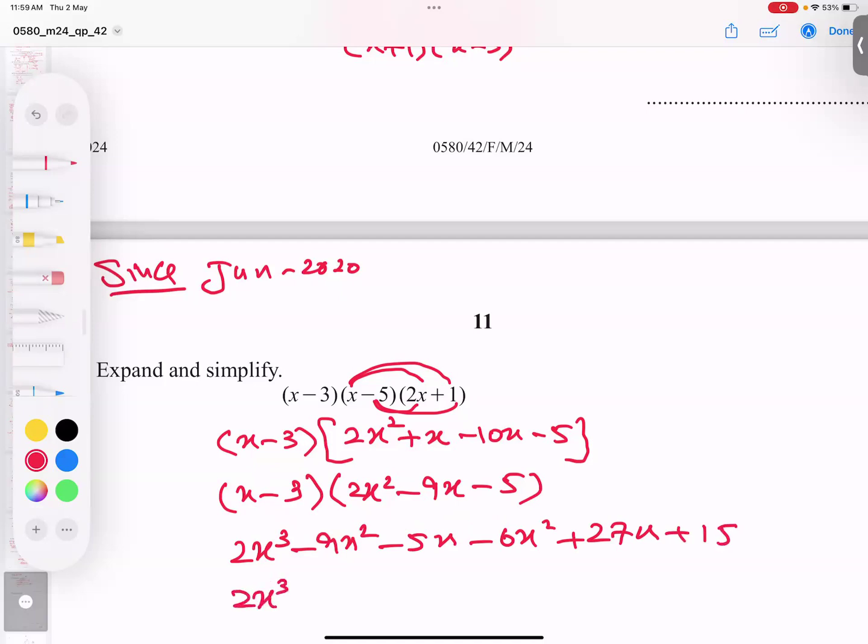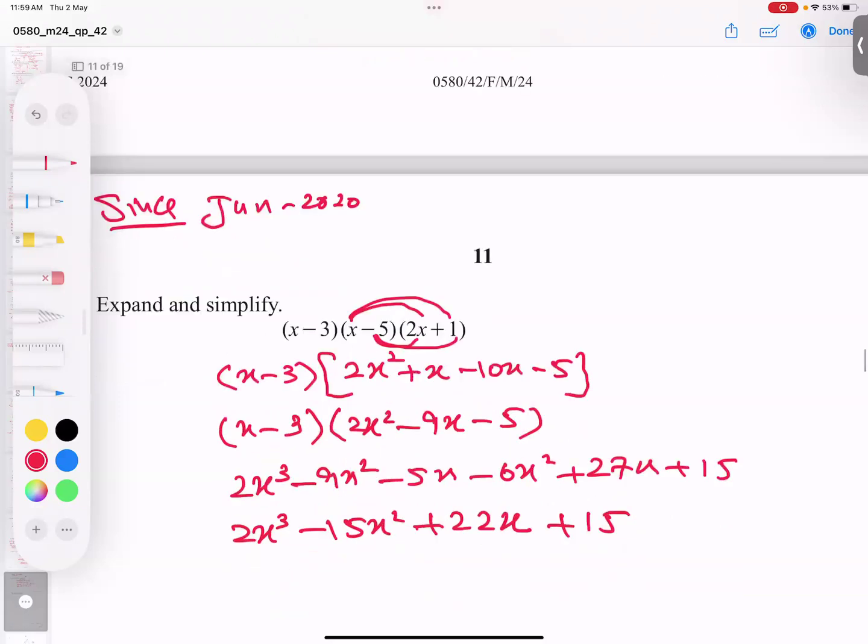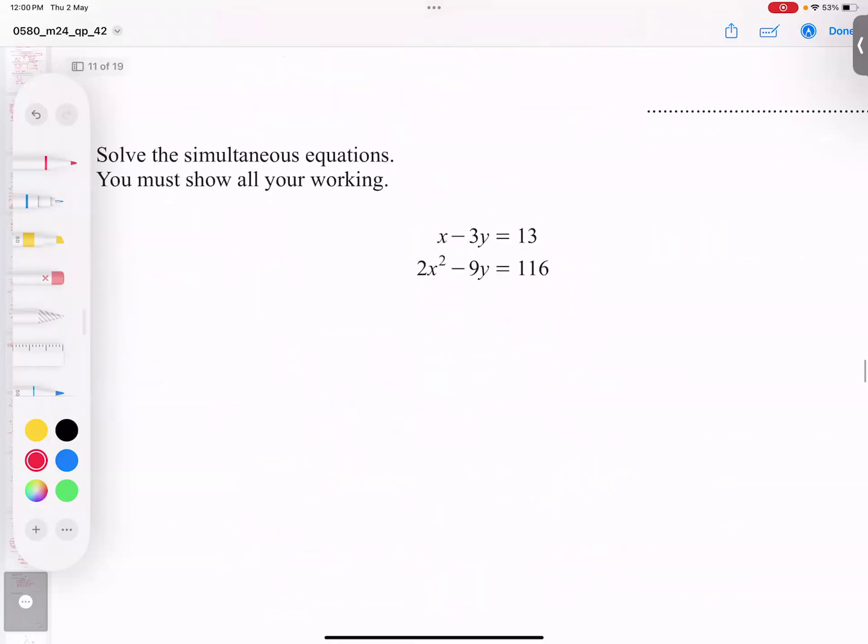X cube, I'm copying, x square, -9, -6 becomes -15. 27 positive, and here negative, we subtract, we got 22x and plus 15. So students, I hope you understood well how I have done this question. So let's go for next.